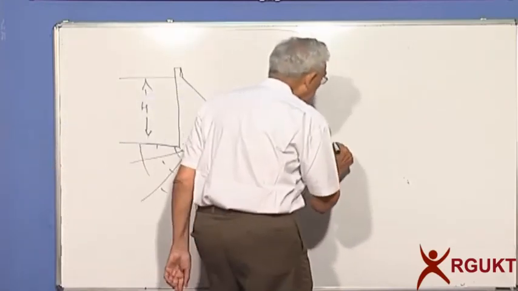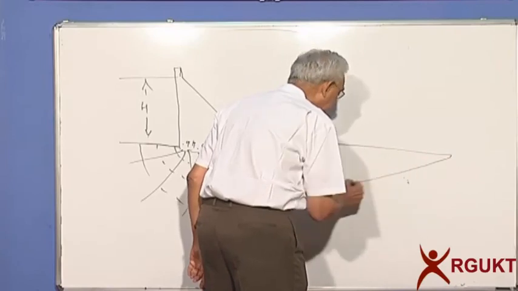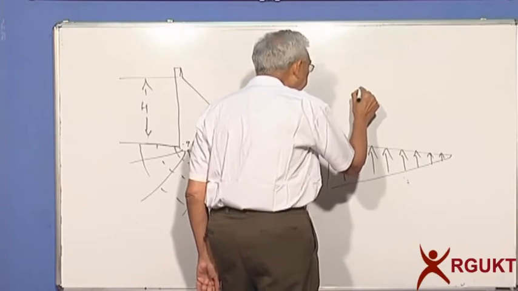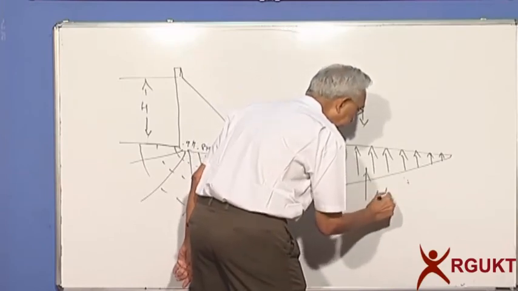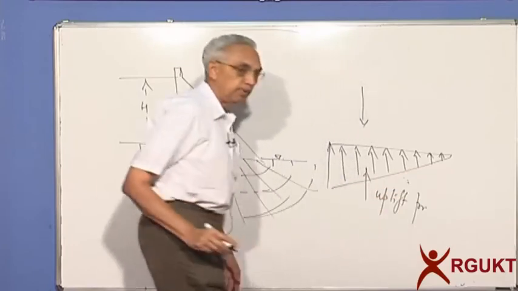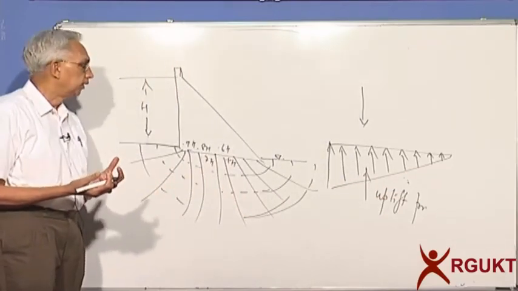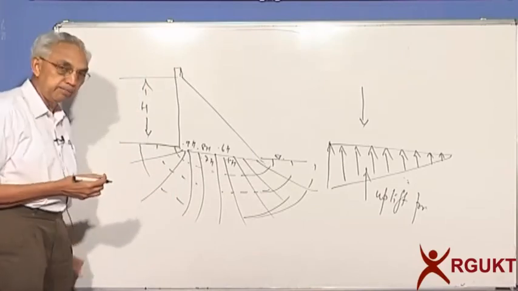On the bottom of the dam, can I say that the uplift pressure varies something like this? So the weight of the dam is here. This is what you can call uplift pressure. The water pressure is acting on the base of the dam, and you have to check for the stability, because let's say this is 100 meters.